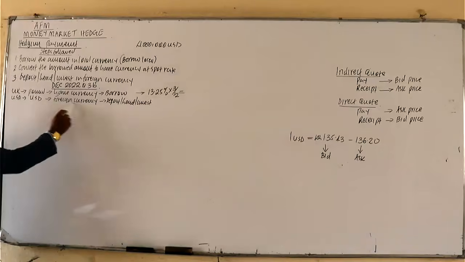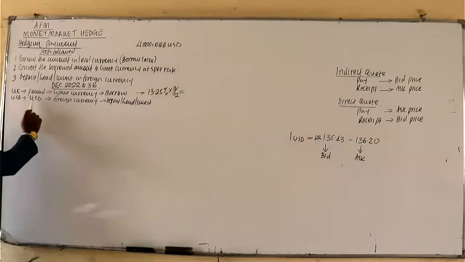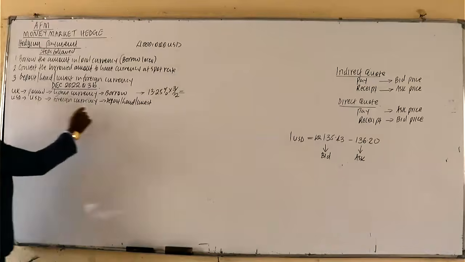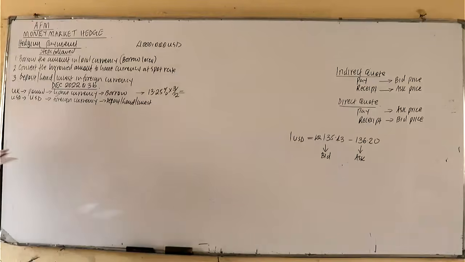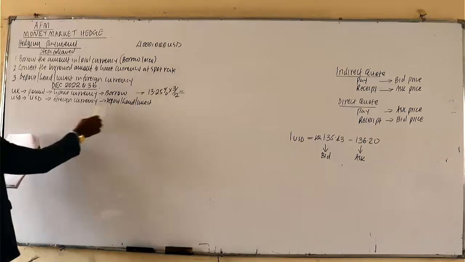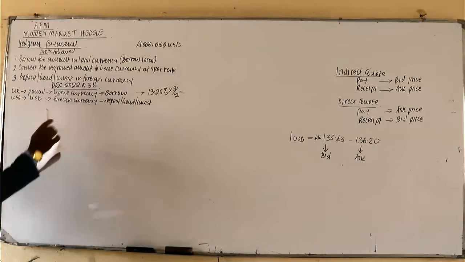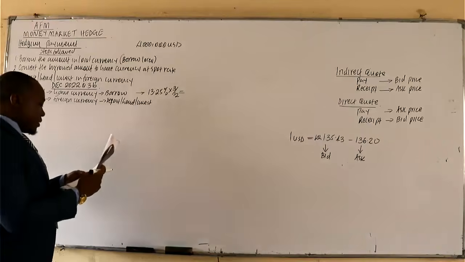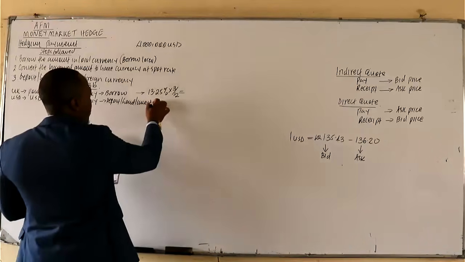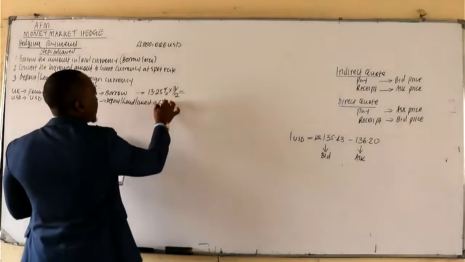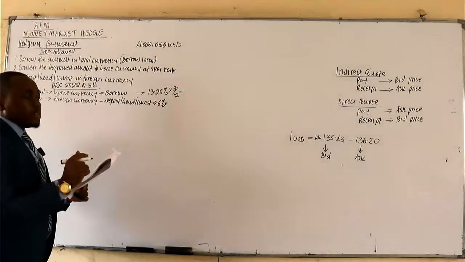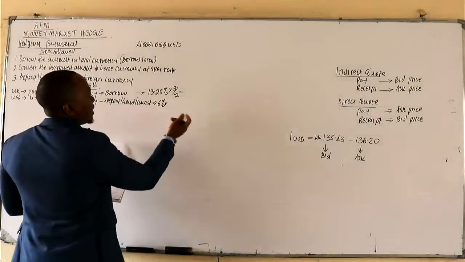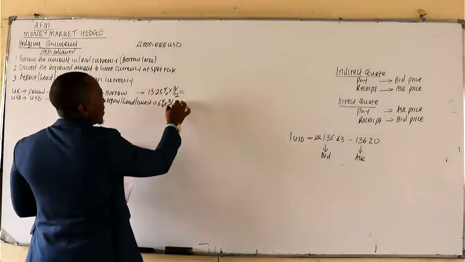So foreign currency is USD. For USD, in this case we have the deposit rate of 6%. But remember, the 6% is the annual rate, and you expect to pay in 3 months, so 3/12.